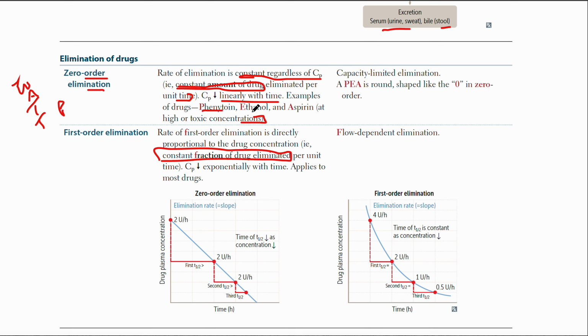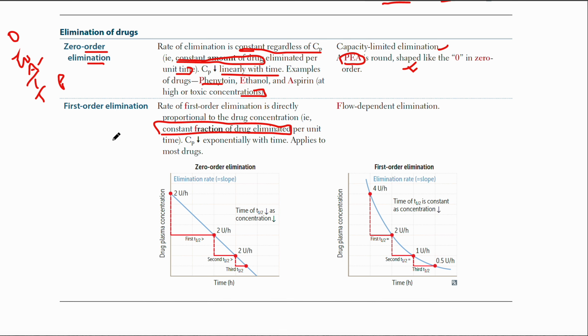Ethanol belongs to alcohol obviously, and aspirin at very high doses and toxic concentrations only, not in low doses. So it is capacity limited elimination. This is another mnemonic presented here, but I prefer to remember it like 0 watt power.